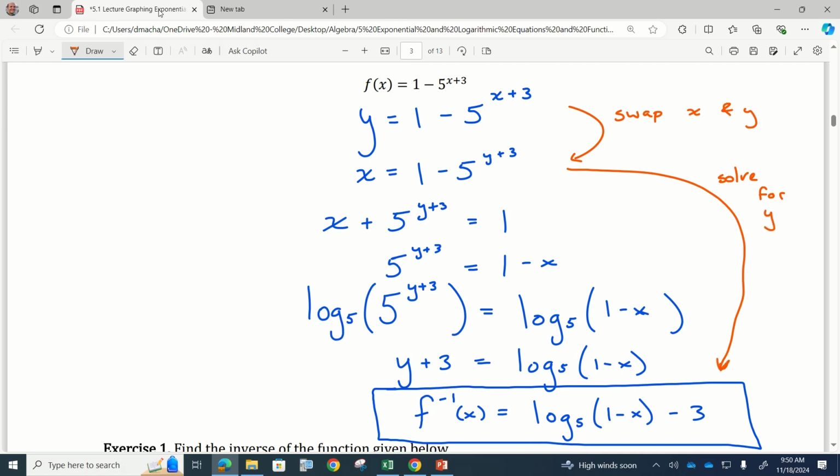That was the second step in finding an inverse. And the only new part about this is here. This is the only new thing today, is that if I take the logarithm base 5 of the exponent base 5, inverse functions, they cancel out when you compose two inverse functions. So that's the trick to solving.